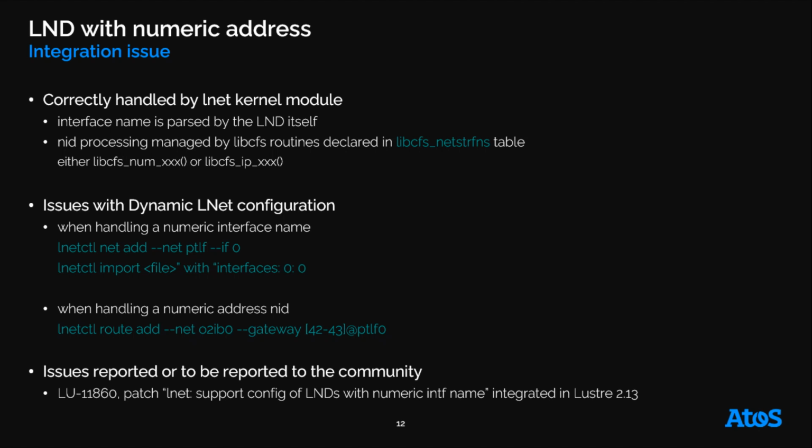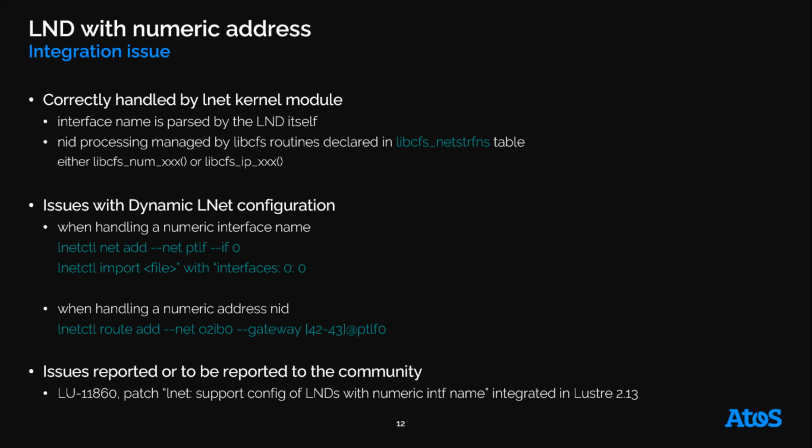Unfortunately, on the user side, the libLNetConfig library does not fully support LNet addresses with numeric address ports and interfaces identified by a numerical string. For example, the lnetctl net add command was failing when specifying a zero interface.